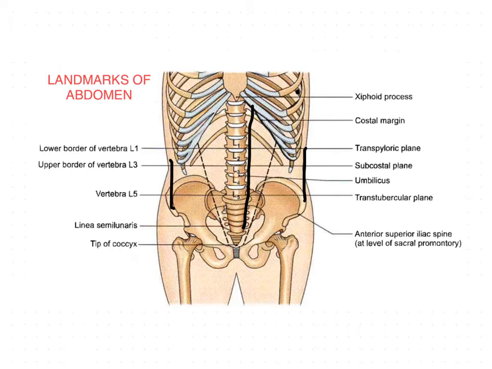And next, coming to the superolateral margins of the anterior abdominal wall. Now we are going to deal only with the superolateral margins of the anterior abdominal wall. The superolateral anterior abdominal walls are formed by the right and left costal margins.